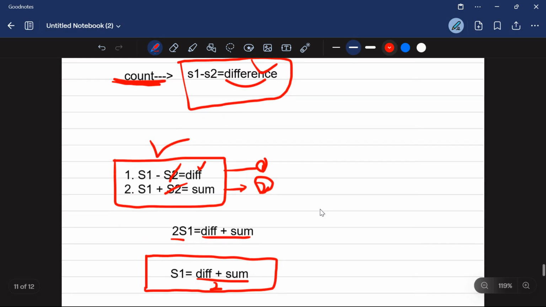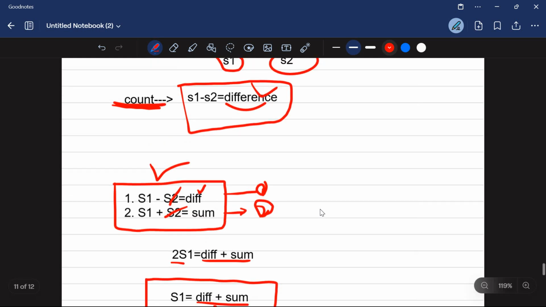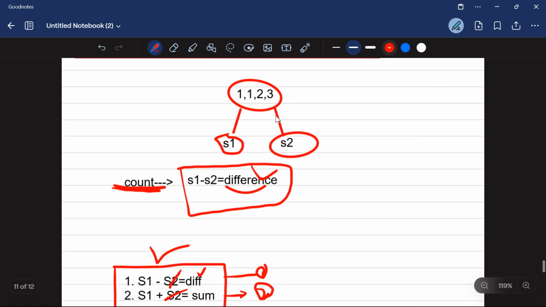So if you know S1, you only need to count. If I have the array 1, 1, 2, 3, what is S1?